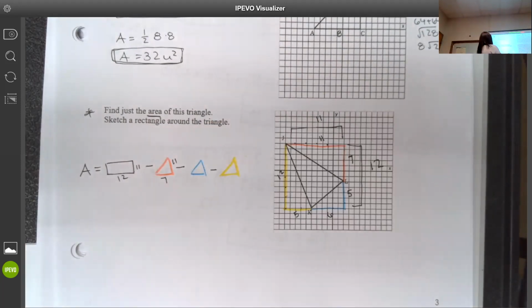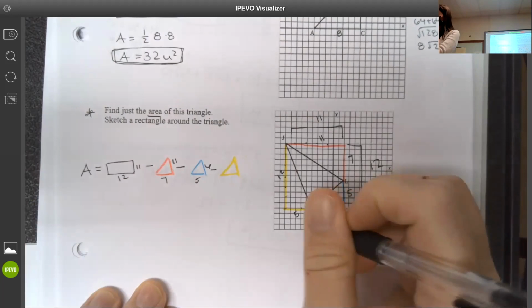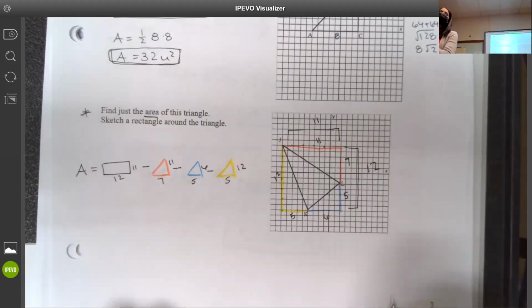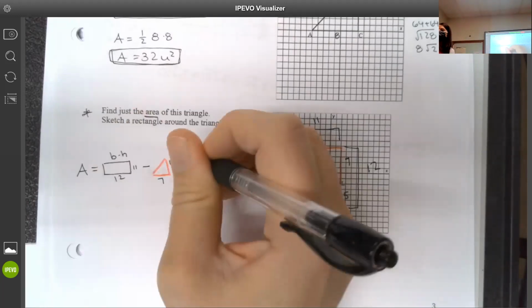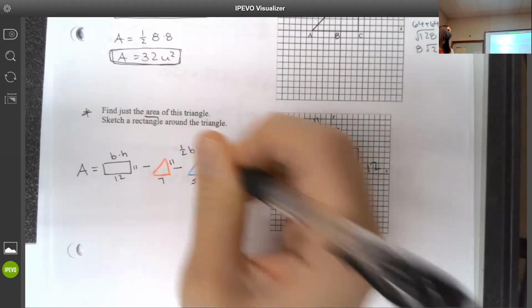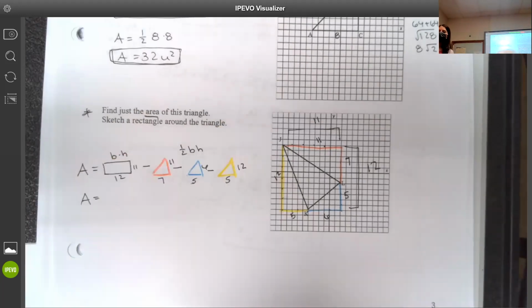I'm saying, okay, base and height here, 7 and 11, 5 and 6, and 5 and 12. And so now I just need my area formulas. So this is base times height. My triangles are 1/2 base times height. So I'll give you a minute to work that out. I'll show my work up here. Use your calculator.